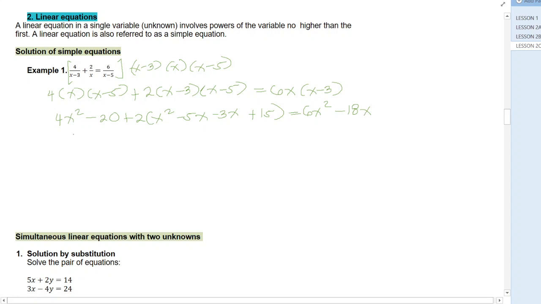Okay, so rewriting that one, it will give us 4x squared minus 20 plus 2x squared, distributing 2 there, 2 times negative 5, that is negative 10x, minus 2 times negative 3, that is negative 6x, plus, of course, 30.